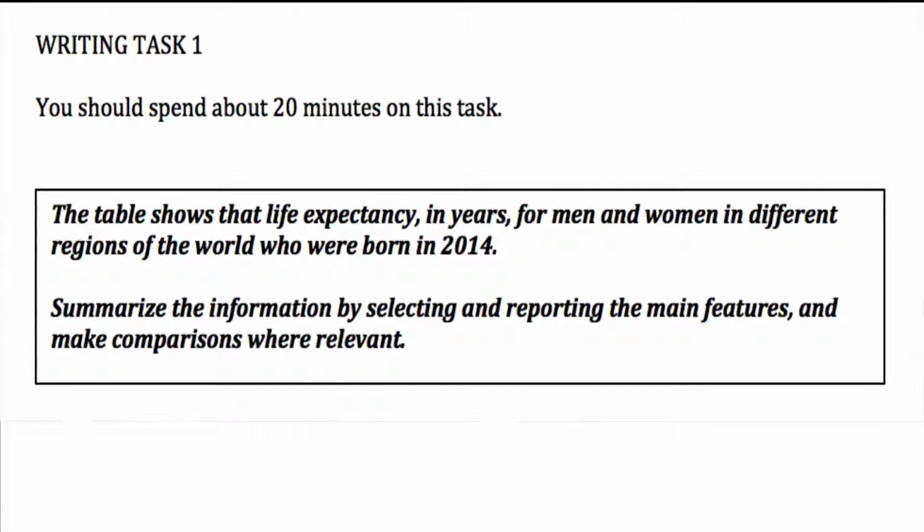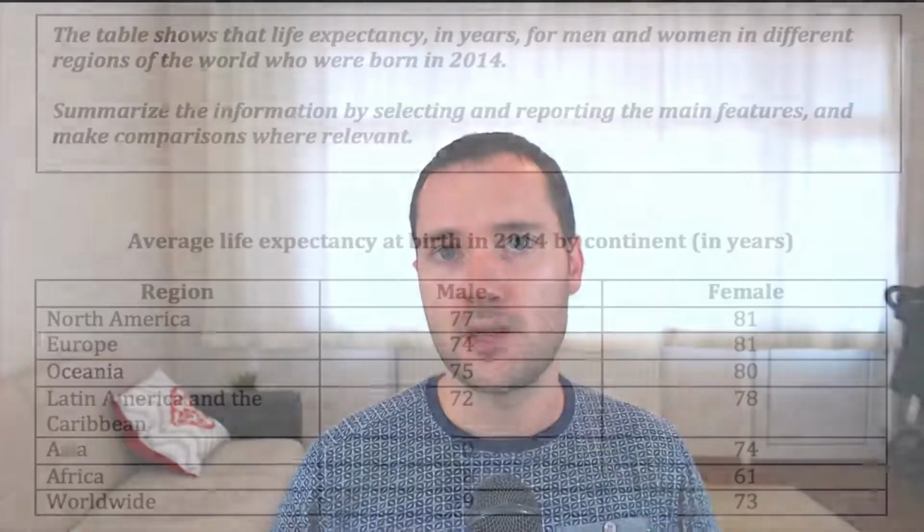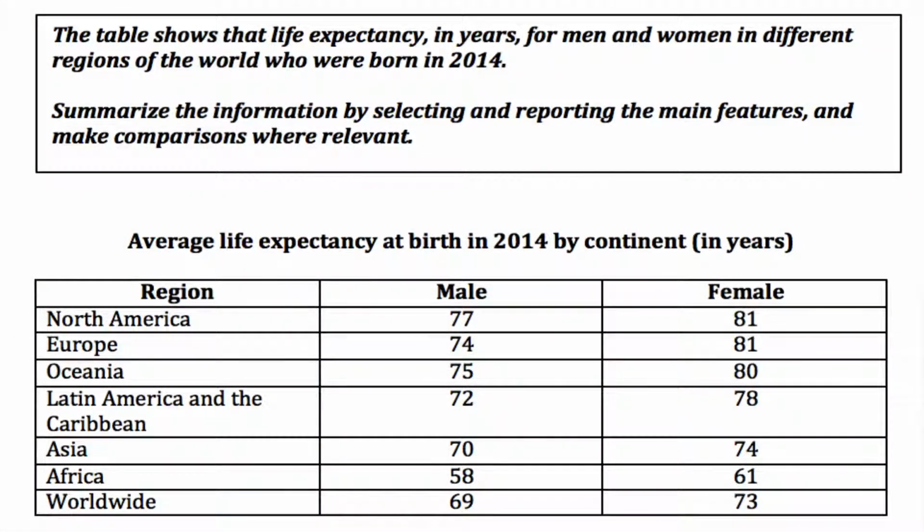Now, having read the question, it's time to try and make sense of the graph, chart, or diagram, whichever one you get, in order to identify the main features. This should always be done before you begin your writing and your answer, and you should really be allowing 3 to 5 minutes to do so. Here's the sample question.